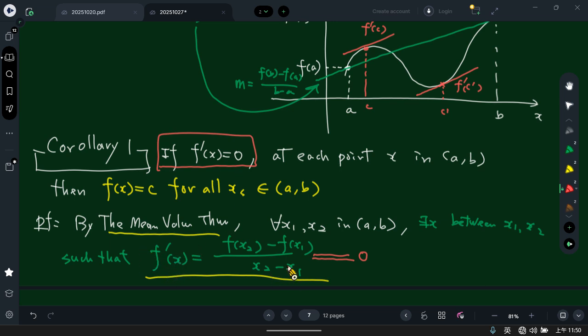Since x2 is different from x1, the denominator is not zero, so we can have f of x2 minus f of x1 should be 0.